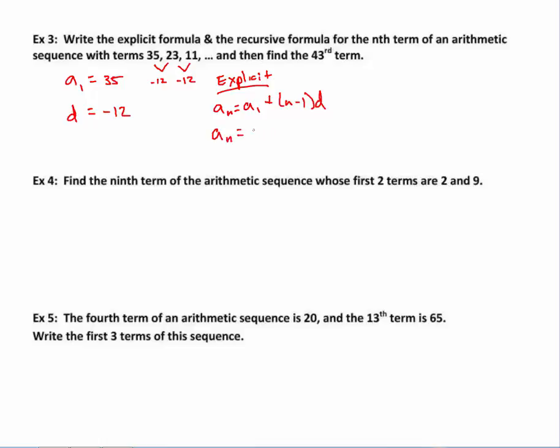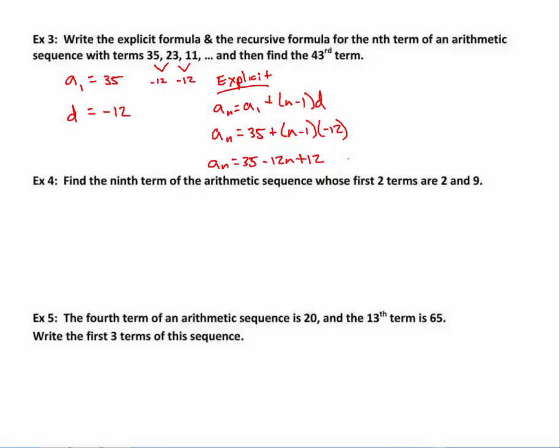So a sub n equals 35 plus n minus 1 times negative 12. Well, we'll distribute that negative 12 and get a sub n equals 35 minus 12n plus 12.